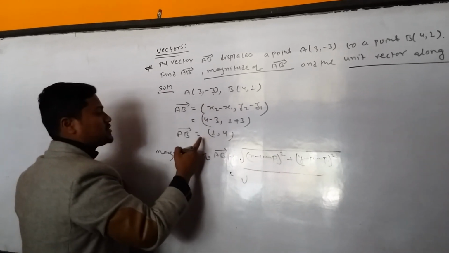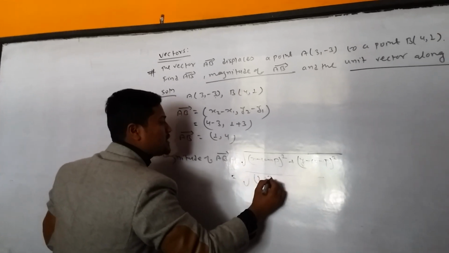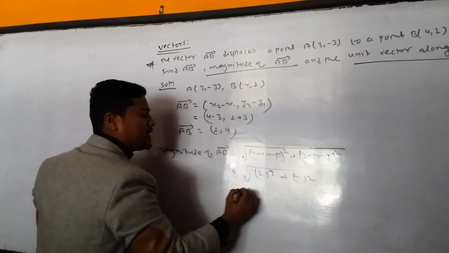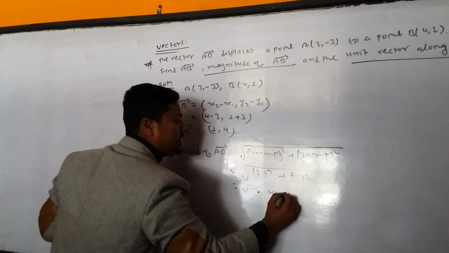Very good. So here, x component is 1, whole square, plus 4 whole square. What will come? Root under 17 unit.